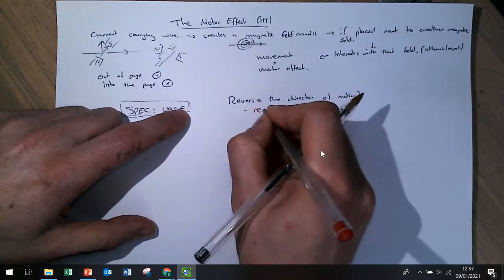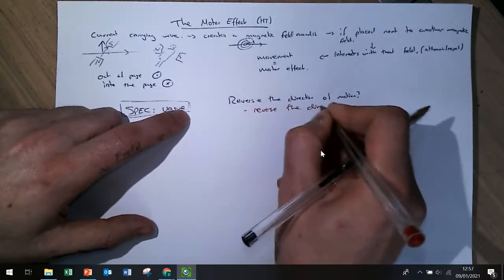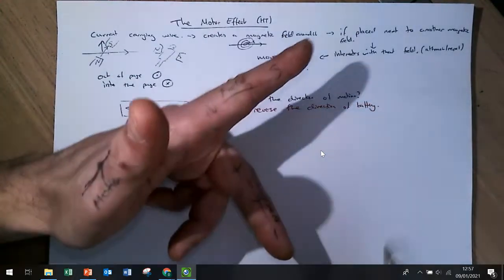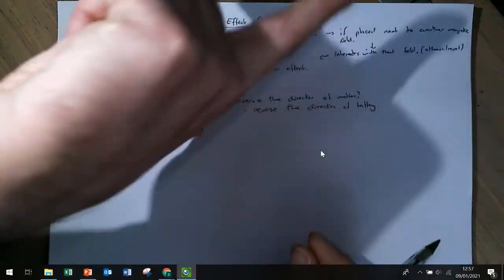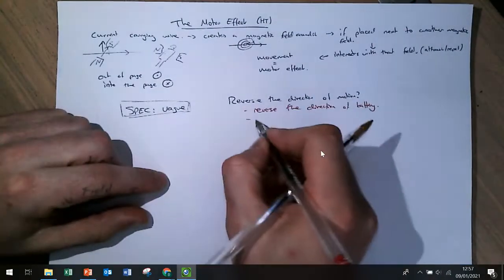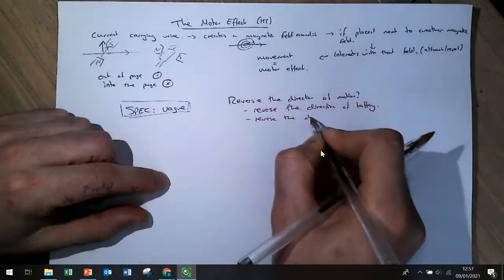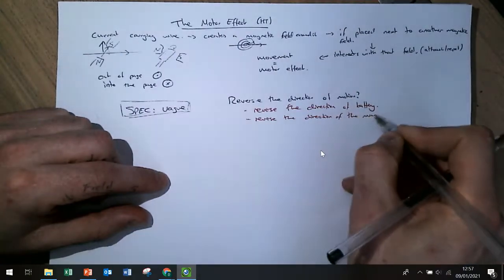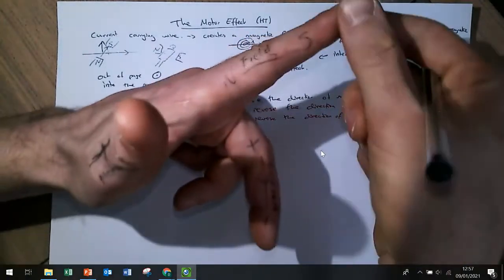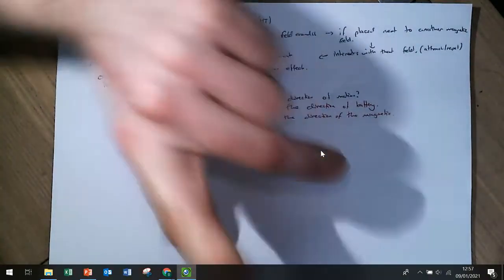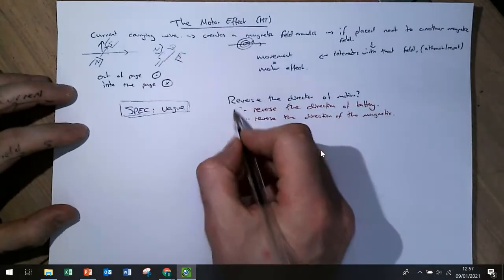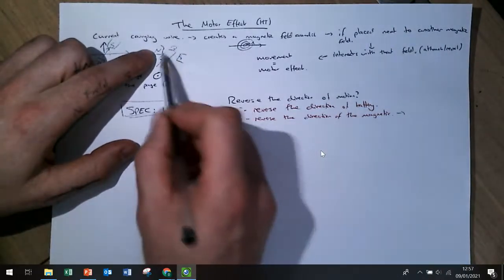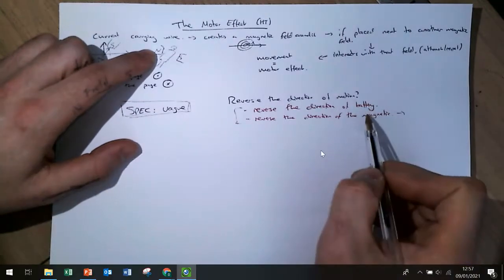You either reverse the direction of the battery, so you're switching the current direction, and obviously if you switch the current, you're flipping the force over, or you can reverse the direction of the magnetic field by simply flipping the magnet around, and again you can see that flips the direction of the force. Sometimes one of these is not appropriate depending on the way that the diagram is drawn, if these magnets are fixed.